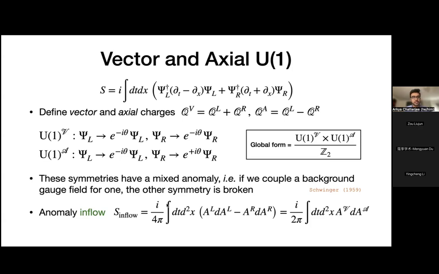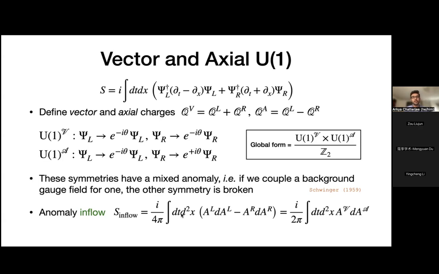And this comment is mostly for the experts. In modern terms, we think of anomalies as associated to an inflow theory. So for any anomaly of internal symmetries, in some cases also space-time symmetries, there's an associated theory in one higher dimension, which cures the anomaly of the boundary theory.